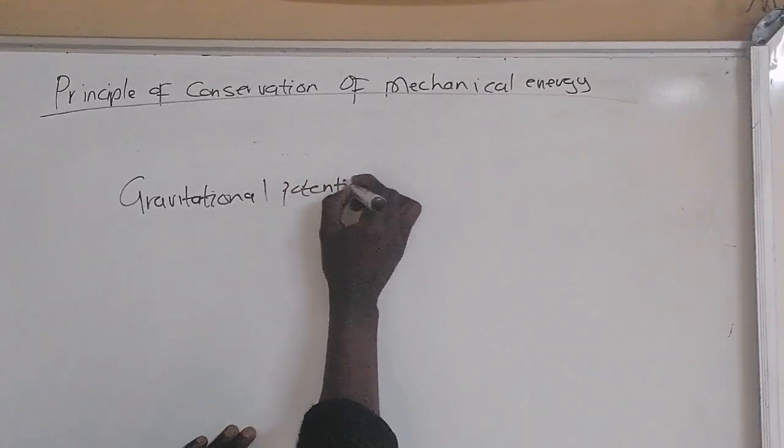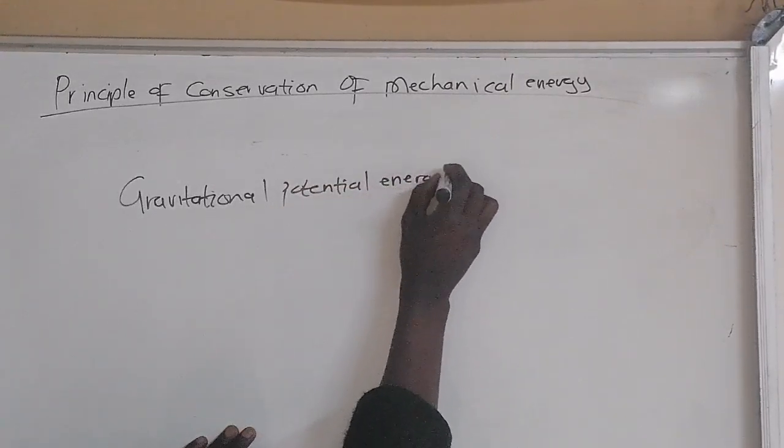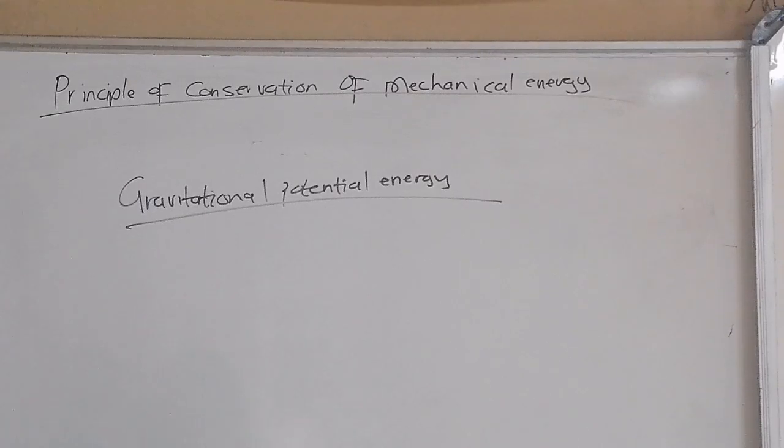When you define it, you say that the gravitational potential energy is the energy an object has due to its position in the gravitational field relative to some reference point. That is how you are to define it.